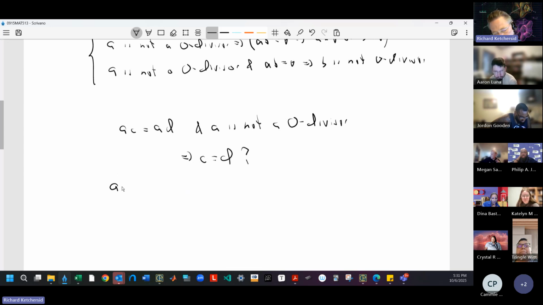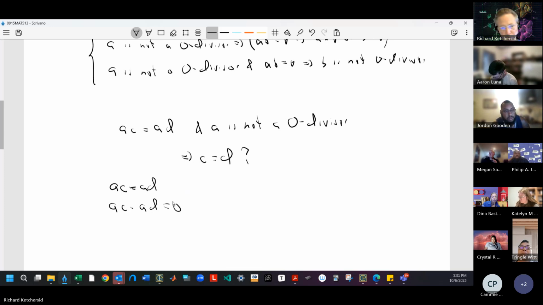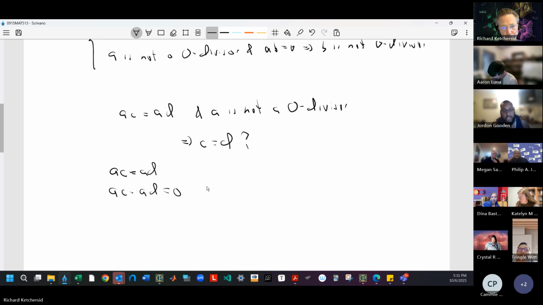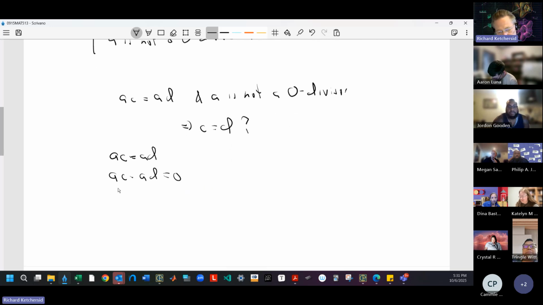You say AC equals AD is equivalent to AC minus AD equals 0. And then you use distribution, so this is A(C minus D) equals 0. But A is not a zero divisor, so if this product is 0, this will mean that C minus D is 0.